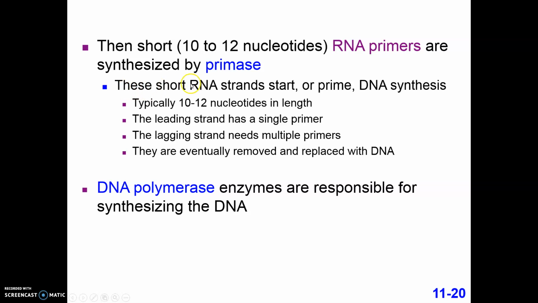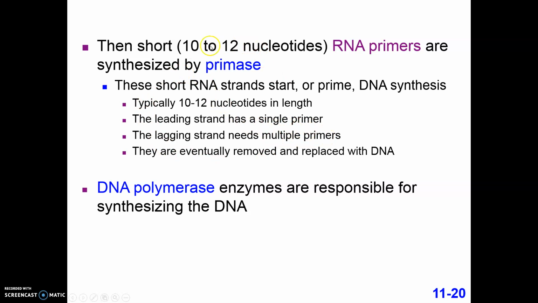So these short RNA primers act as a landing pad for DNA polymerase. They're usually only 10 to 12 nucleotides in length. The leading strand, because of how it's oriented, will only have a single primer. The lagging strand will need many primers in order to carry this out.